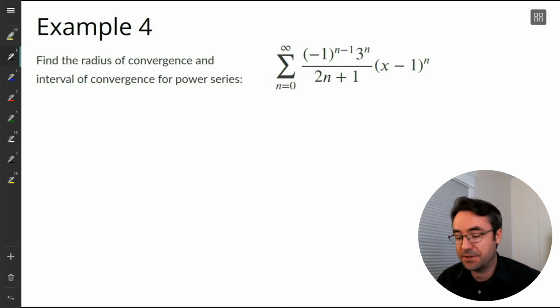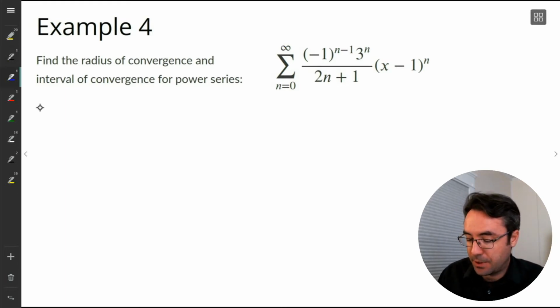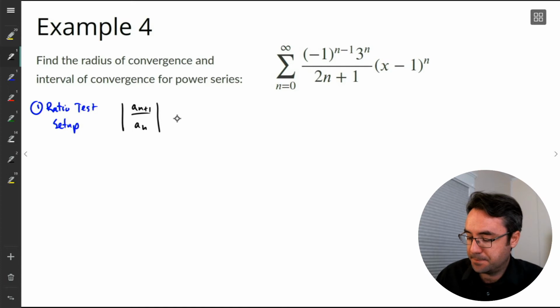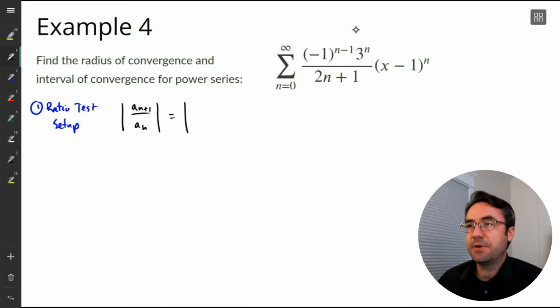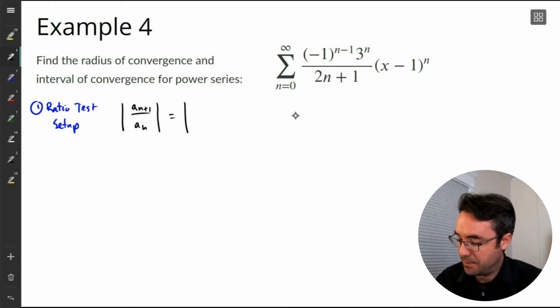We're going to start the same way, with our ratio test setup. So let's do a sub n plus 1 over a sub n. Everything here is a sub n, so this is what a sub n is, and this is going to be kind of big.